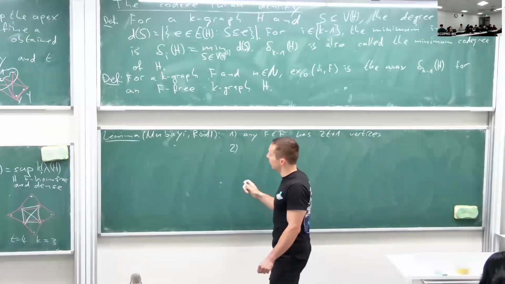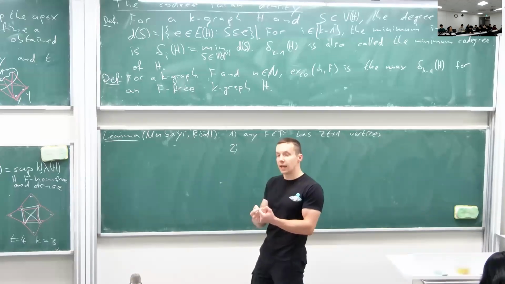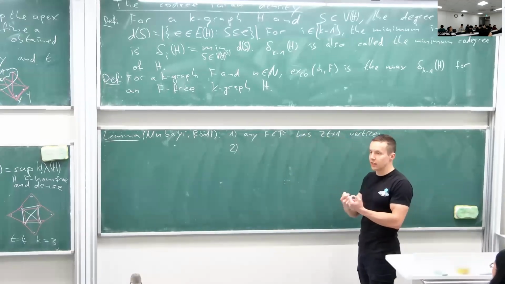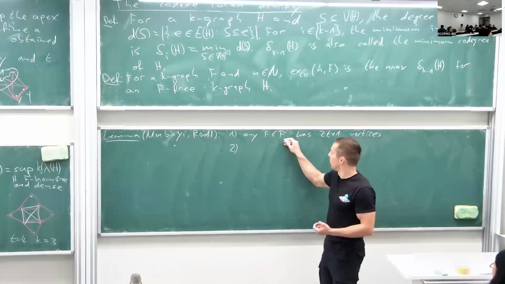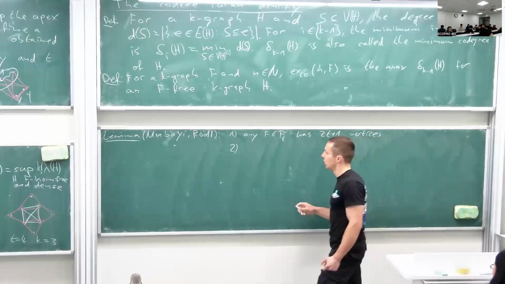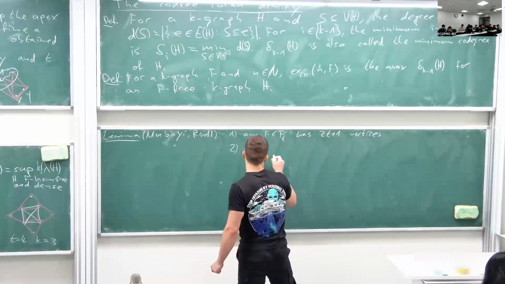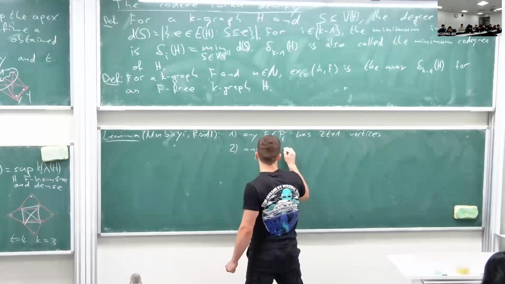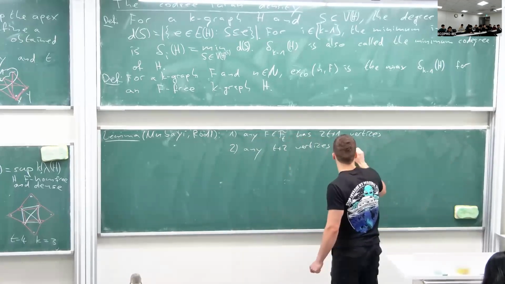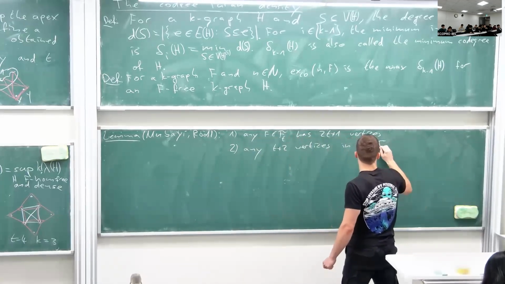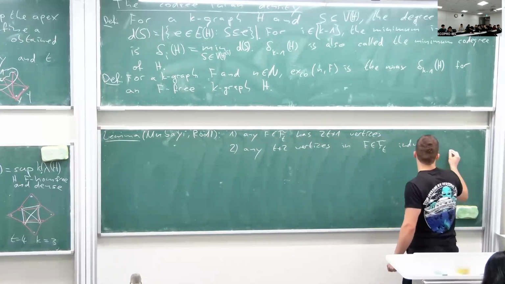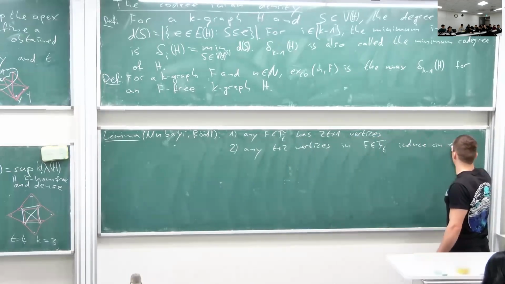Two, any set of at least t plus 2 vertices in a member of Ft induces an edge. So any t plus 2 vertices in F in Ft induce an edge.